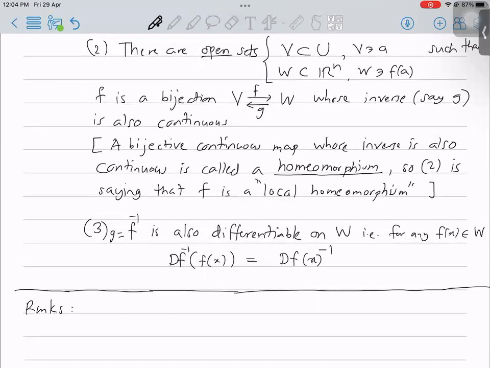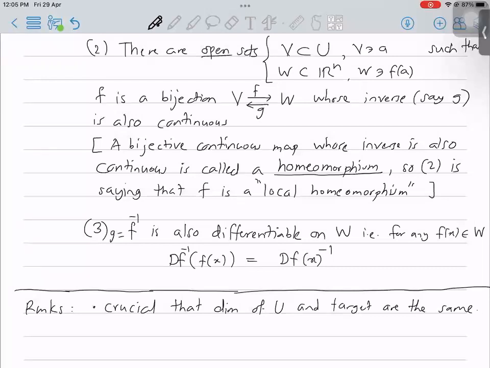So one is that it is crucial that the dimension of the source and target are the same. Otherwise, what does it mean for the derivative to be an invertible map? It's a linear map. It needs to be between vector spaces of the same dimension.